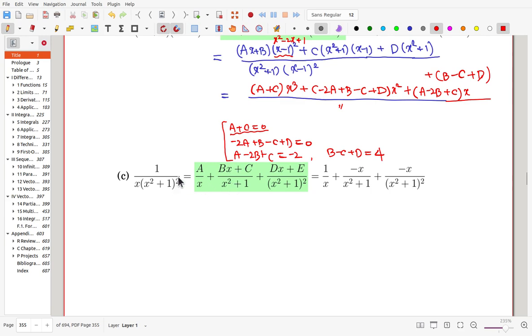And because the power is 2, we have to put another one. However, the basic term is quadratic. The whole thing is, in fact, a fourth order polynomial. However, the basic factor is quadratic, so we have to put here the linear term. So now, exactly the same as earlier, you have to decide A, B, C, D, E. Then you'll see that one. Okay? You can do it yourself.